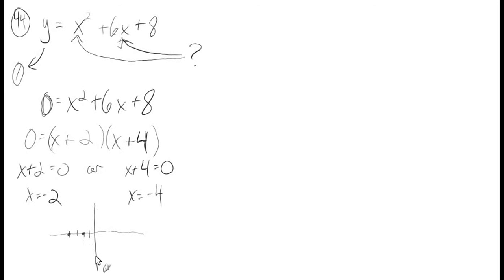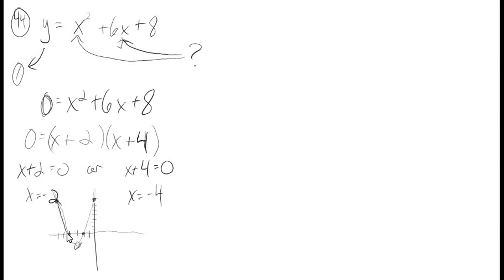All right. Now we also know that 8 is on here. 3, 6, 7, 8, (0, 8), right? If we put a 0 in for x, we'll just be left with 8. And so symmetry tells us that we'll go this far over here. And so this gives us an idea of where we should be drawing our graph.